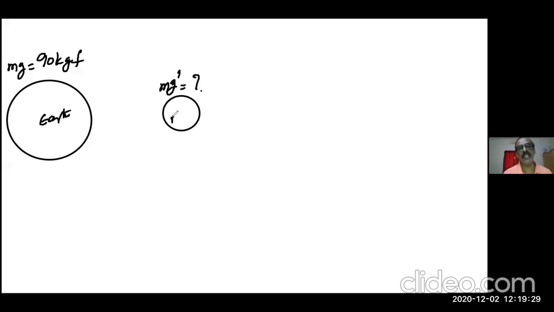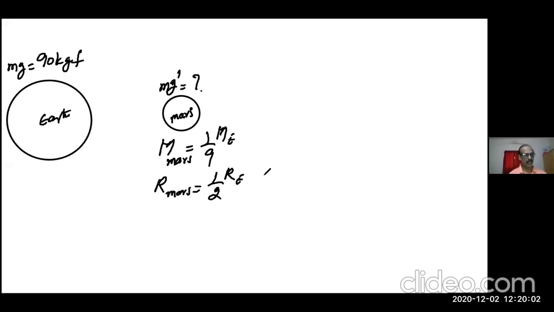This is Mars. Mass of the Mars is 1/9 of mass of the Earth, and its radius is half of the radius of the Earth. This is a question.